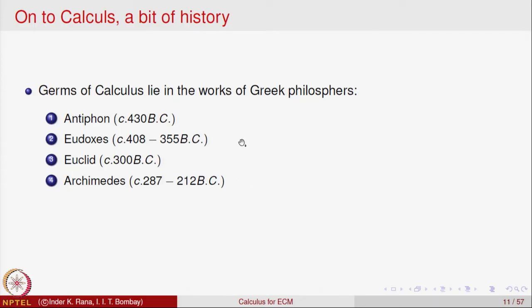These are some of the Greek philosophers. Of course, they contributed a lot to many branches of mathematics, physics and so on, but as far as our subject calculus is concerned, these are some of the people who contributed to calculus.